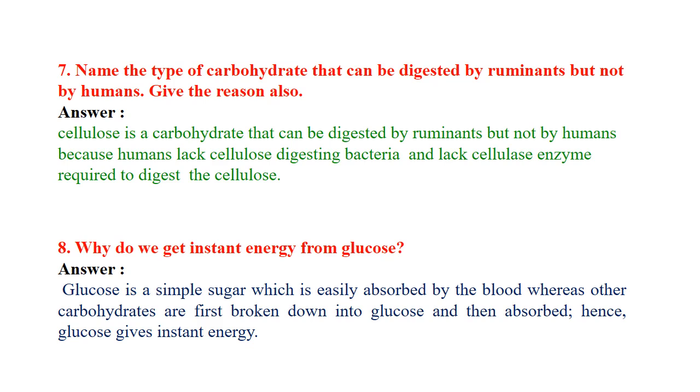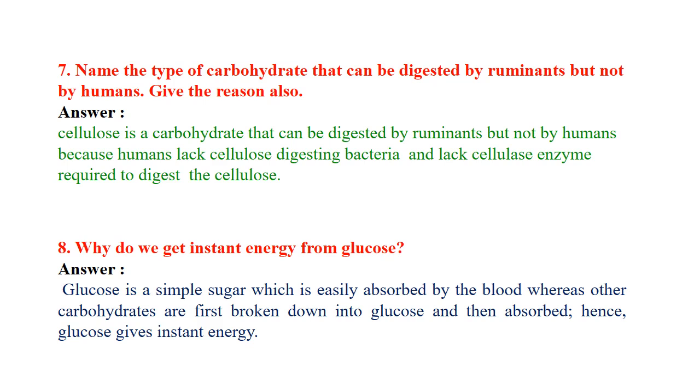Carbohydrates cannot be used by us directly in their complex form, so carbohydrate is broken down into glucose. Glucose is the simplest substance of carbohydrate. That's why we can easily digest the simpler form of food components. The answer is: glucose is a simple sugar which is easily absorbed by the blood.